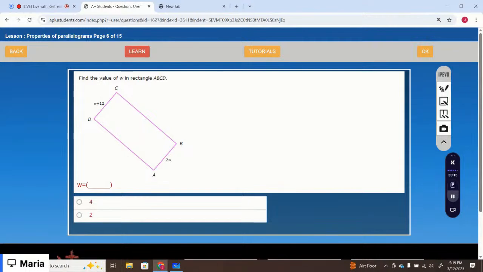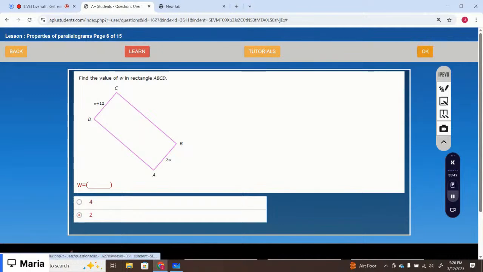Find the value of w in rectangle ABCD. Option number 2 is the correct option.